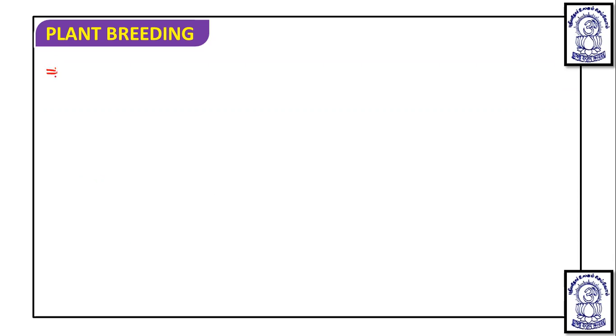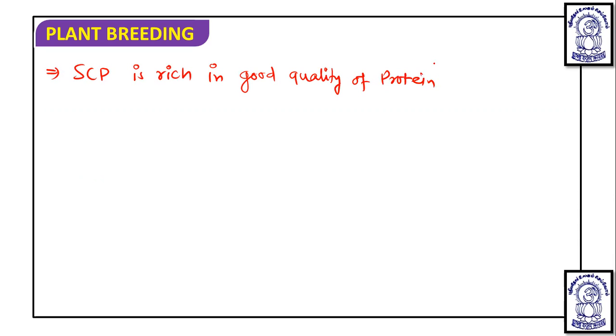SCP, or single cell protein, is rich in good quality protein and poor in fats.